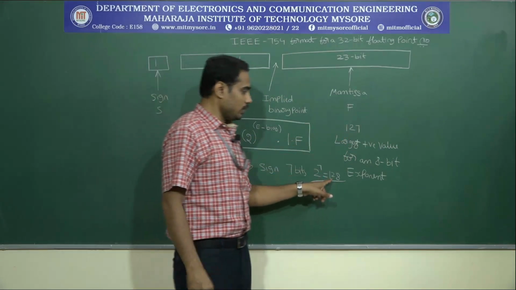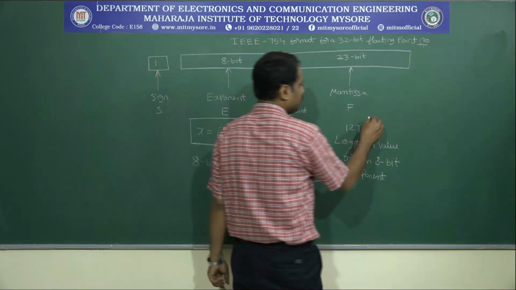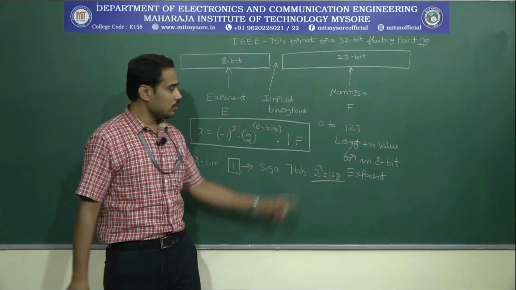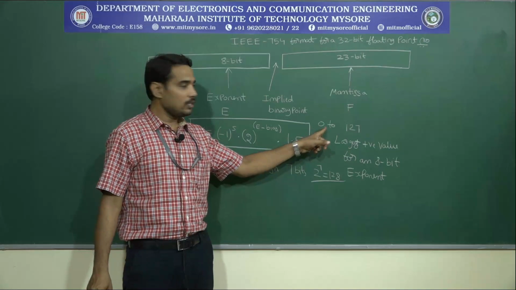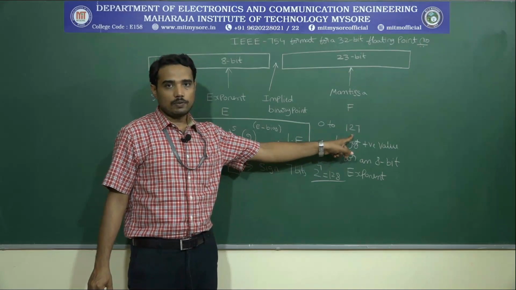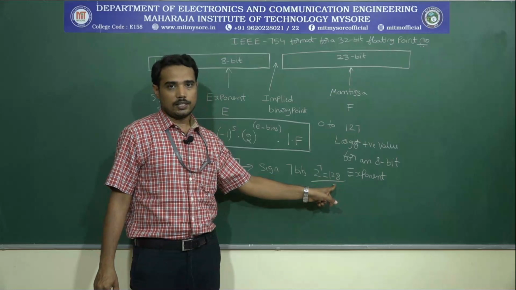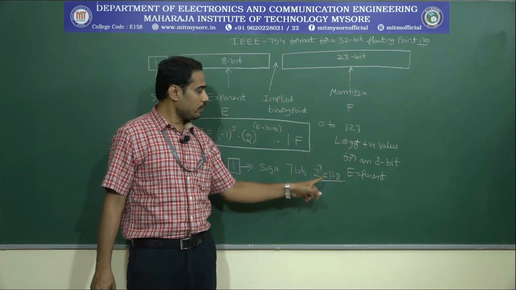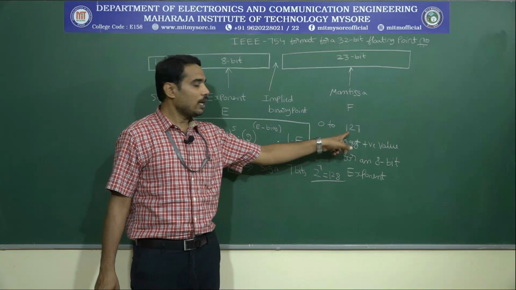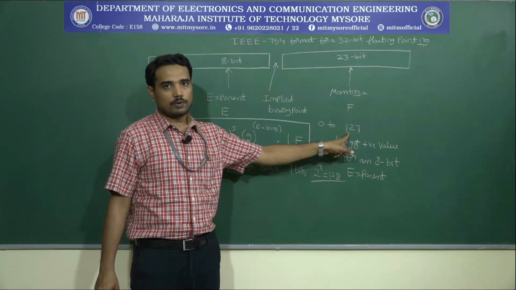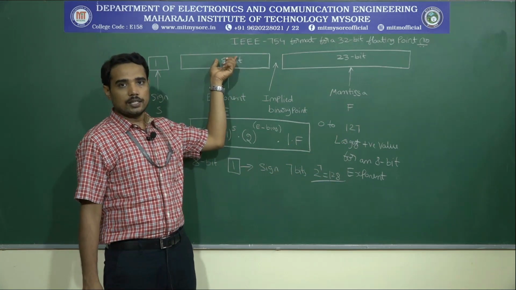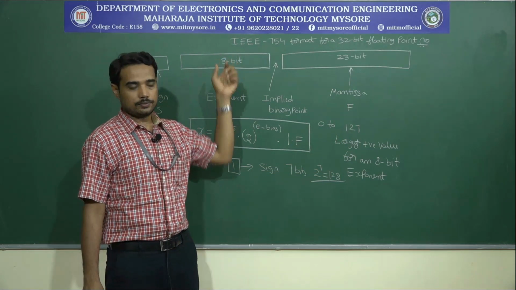In order to represent this number, we have to start from 0 to 127, including the index starting from 0, so the largest positive value is 127, not 128. From 0 to 127, we are having the value of 2 power 7. Thereby, the largest positive value is 127. That is going to depend on the number of bits associated with the exponent field.